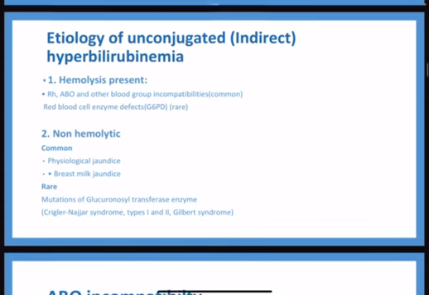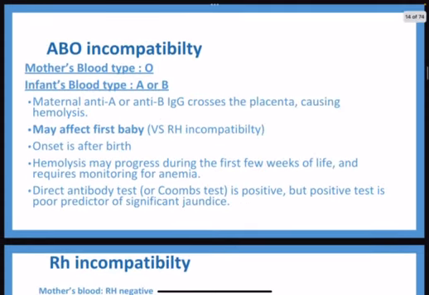Okay, ABO incompatibility. If a mother is born with blood group O, what does that mean? O blood group. The RBC does not express either the A or the B antigen, right?